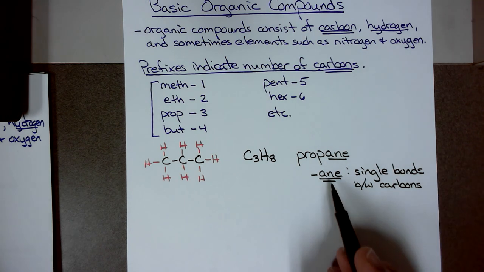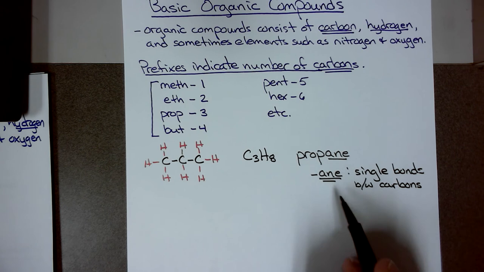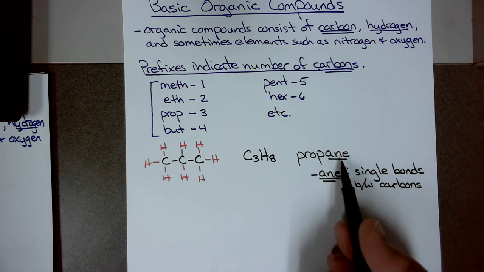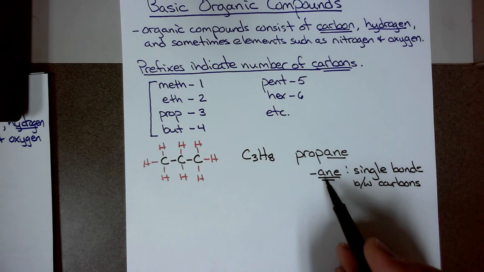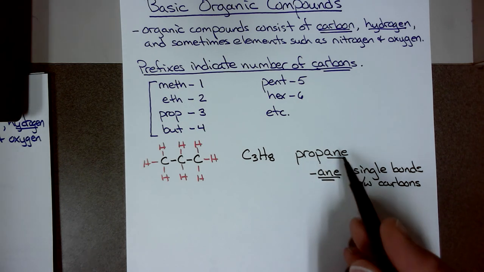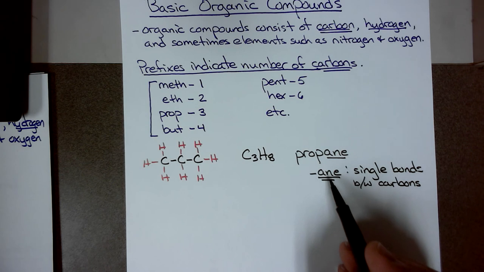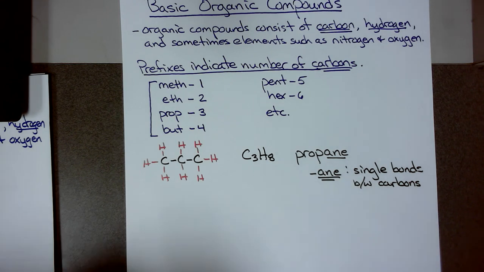And this is different. Let's say if I had a double bond over here, then this would be ene, so it would be propene. And if I had a triple bond over here, it would end in yne for propyne. But I'm just asking you guys to be familiar with the single bonded ane ending. So you have a prefix and a suffix ane for single bonded carbons.